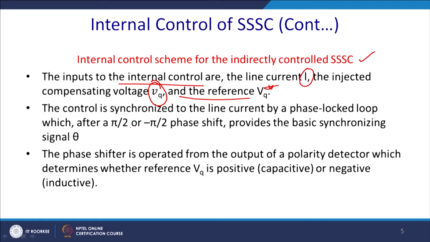A plus pi by 2 or minus pi by 2 phase shift provides the basic synchronizing signal. The phase shifter is operated from the output of a polarity detector, which determines whether the reference VQ is positive in the case of a capacitor or negative in the case of an inductor or inductive kind of load.